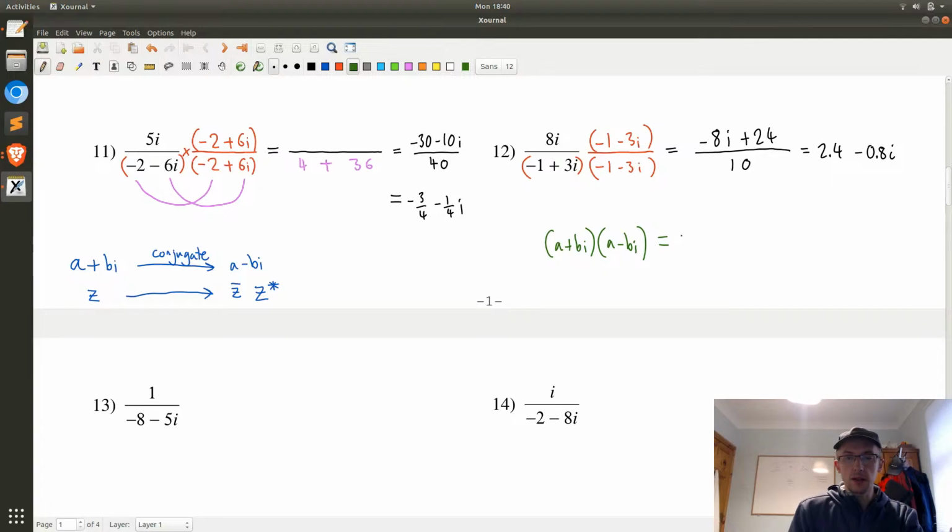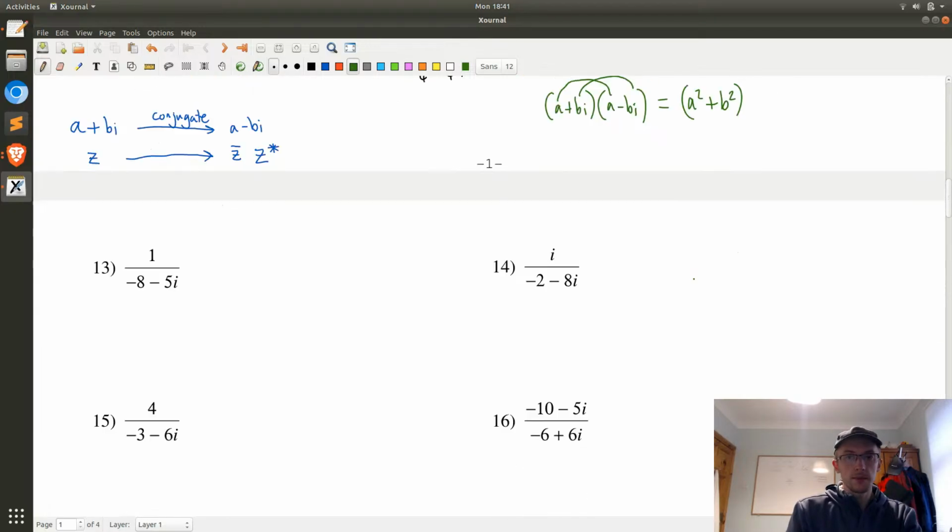We know that the middle two terms cancel out, so we only concentrate on F and L, so a squared take b squared times i squared, so plus b squared. Just there like that.